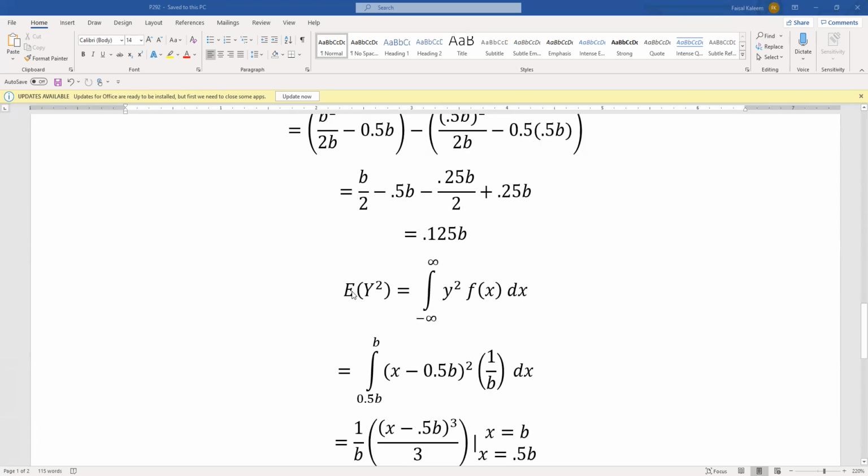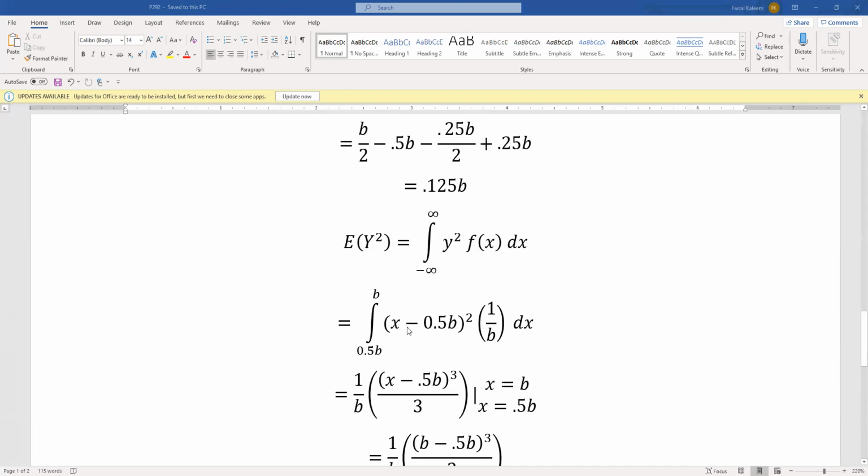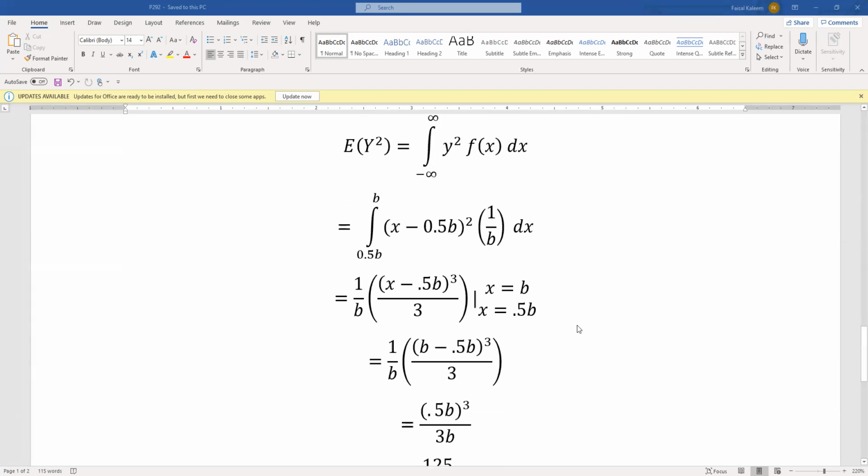E of y squared is the integral of y squared against f of x. Now we have a similar thing. Instead of x minus 0.5b, we have (x minus 0.5b) whole squared. So now I'm doing it that shorter way, which you could use even in the E of y. It's 1 over b pulled out, and then the integral of this is just (x minus 0.5b) whole cube by 3 when you do the u substitution.